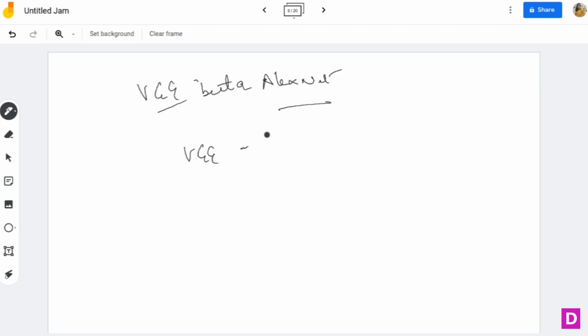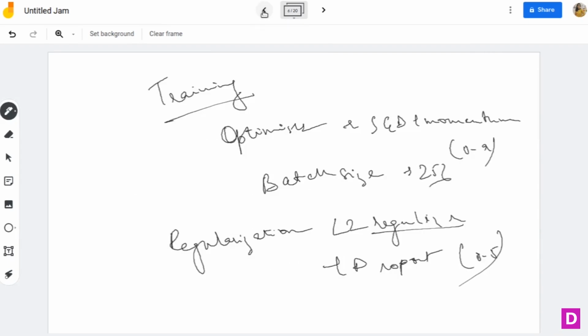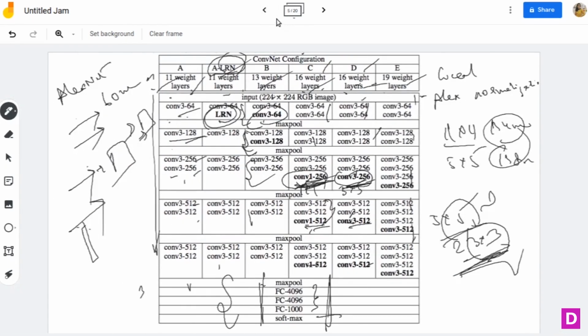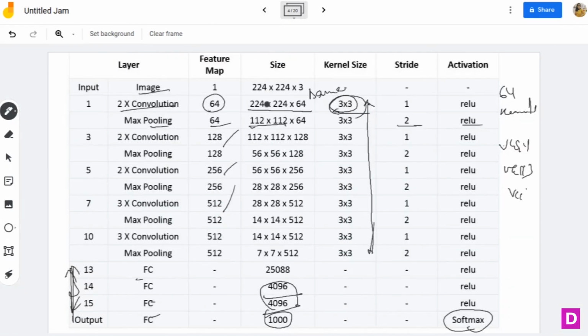That means VGG showed us how we could increase the layers without increasing parameters by a lot. So this was actually a very big thing because you need to optimize it a lot. Number of parameters are going to keep increasing, so you need to make sure what is happening.